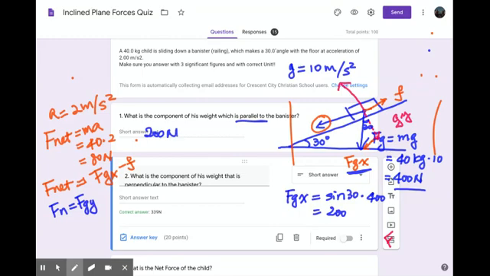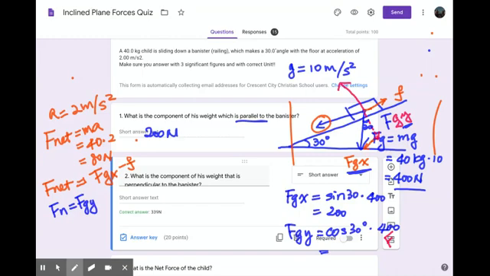And then the weight that's perpendicular is FGY. FGY is the cosine 30 degrees times 400.